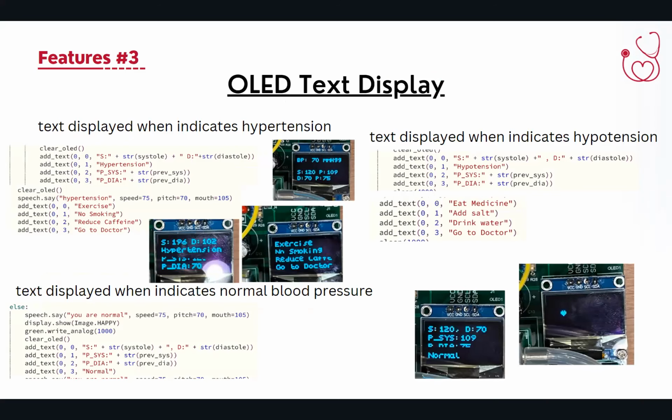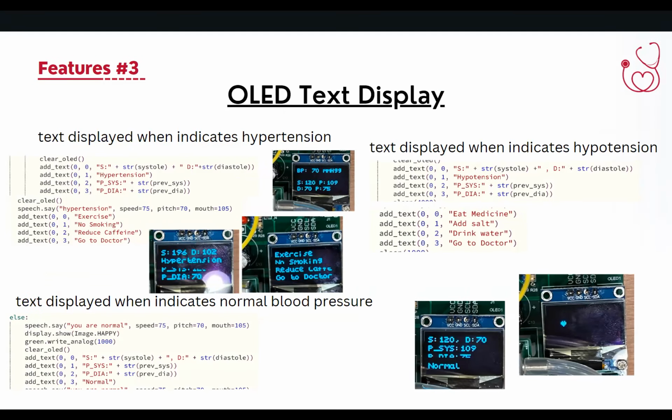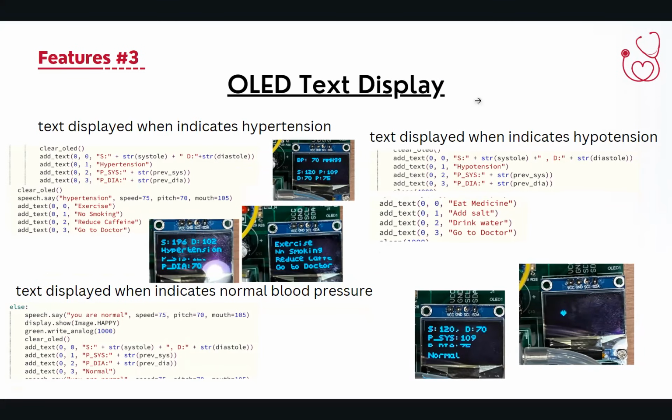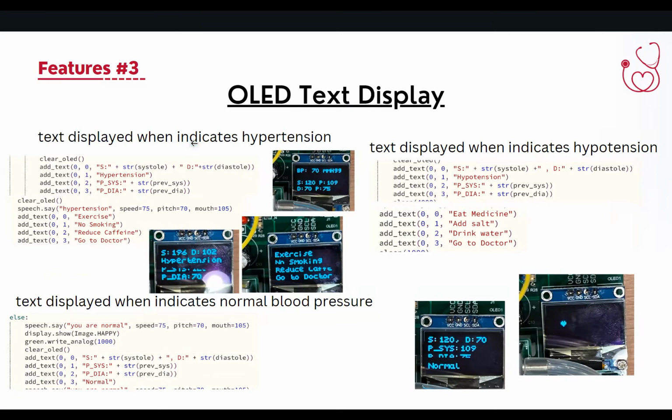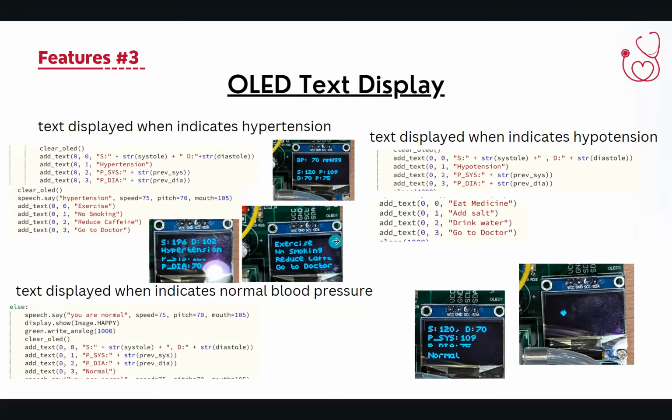And the third feature is to display text on the OLED. After the measurement, we will display the blood pressure number on the OLED, followed by the systolic and diastolic pressure numbers. And after the second measurement, we'll also display the previous systolic and diastolic pressure numbers on the OLED display.